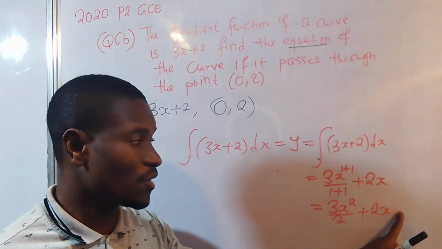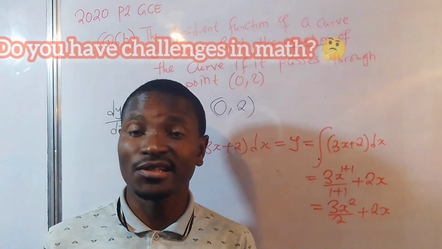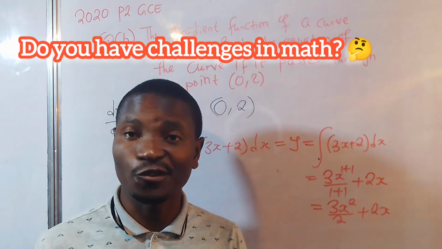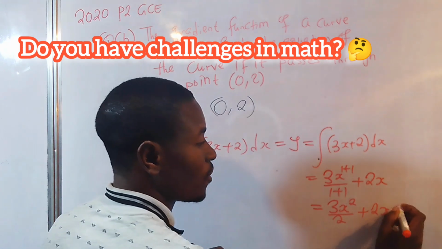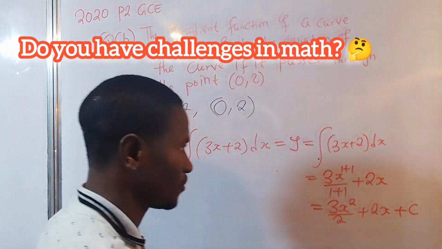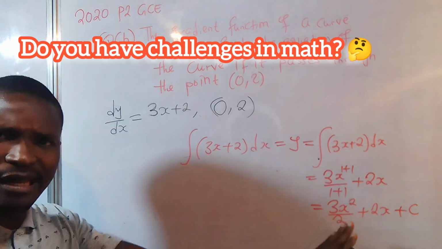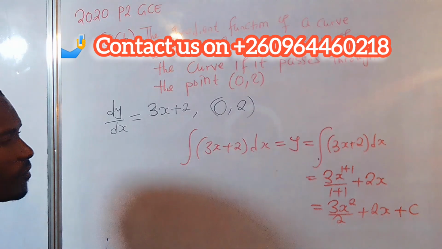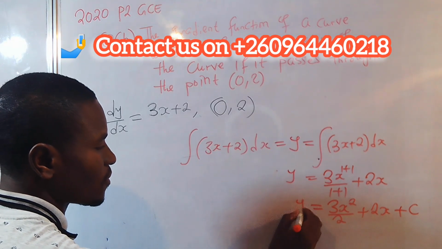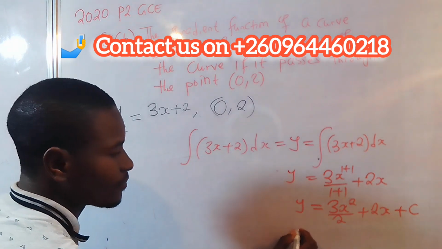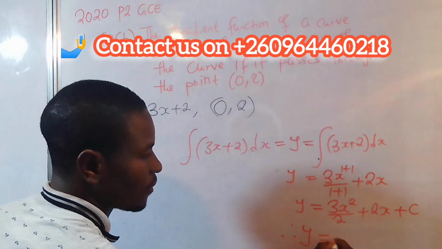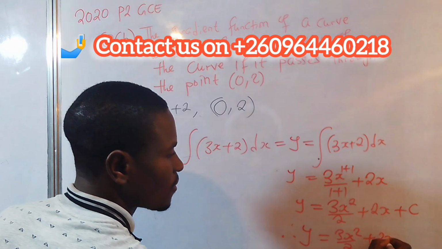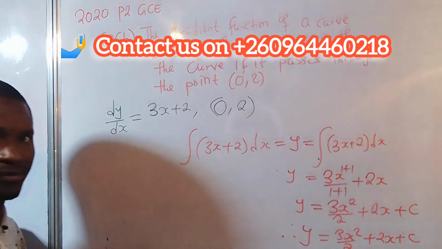All you're supposed to do is add the constant C, and we are going to see how to find this constant C. So y equals 3x squared over 2, plus 2x, plus C.